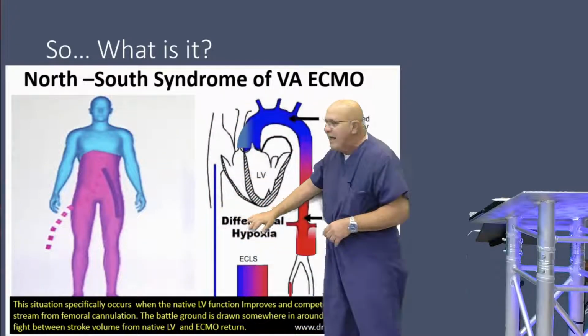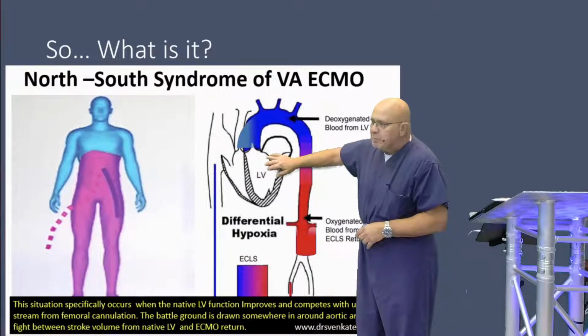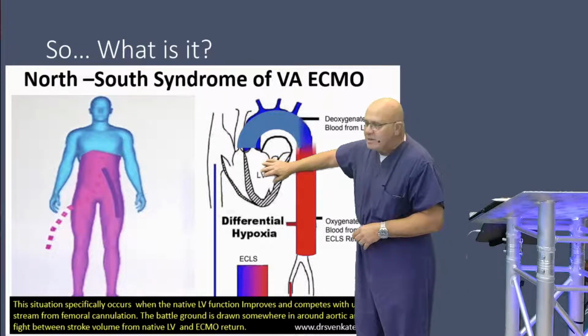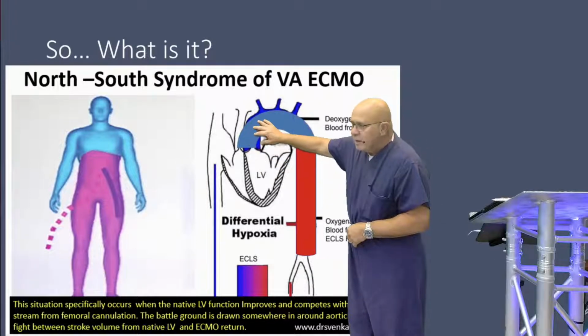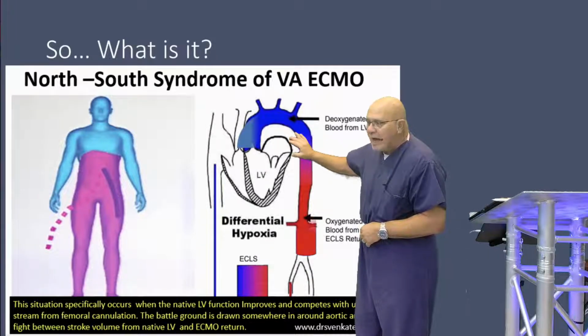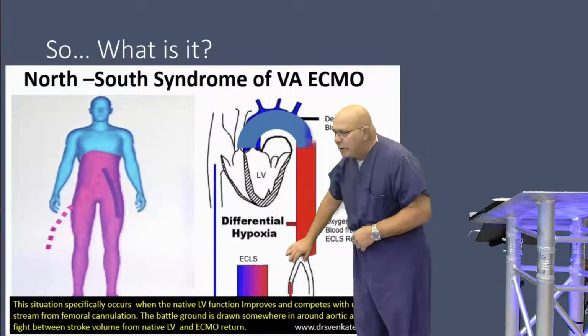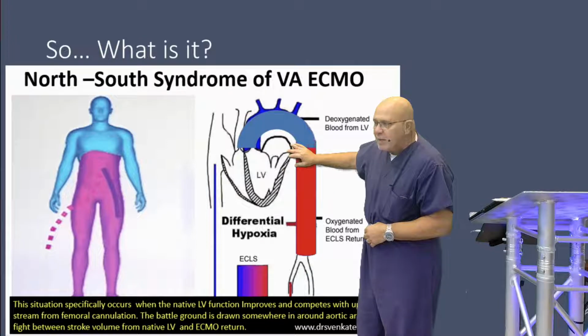What is happening is the left ventricle is pumping deoxygenated blood out at a force sufficient enough to make its way around and to interfere or block the ECMO flow coming from the inferior portion of the aorta.